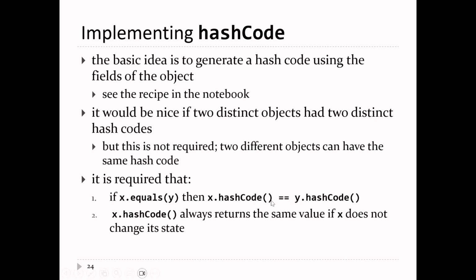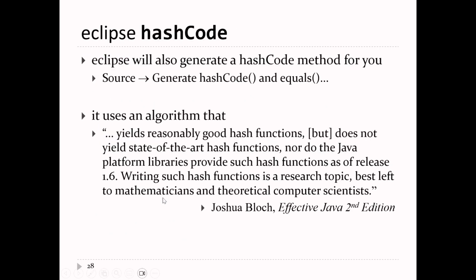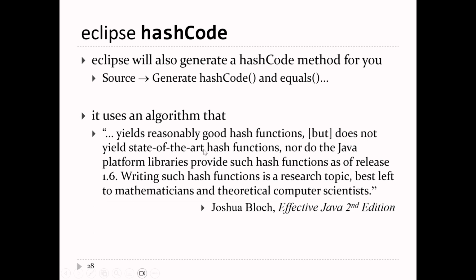So you must use the same number or fewer fields in hashCode than you use in equals. That's the one thing that you have to watch out for. And that's why when you implement equals in Eclipse, it asks you which fields you are using to determine equality, and then it uses the exact same fields to compute the hash code.